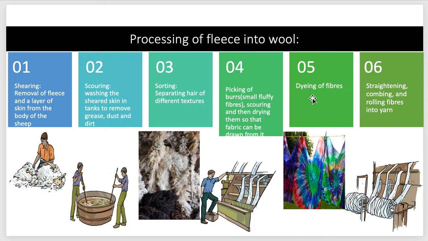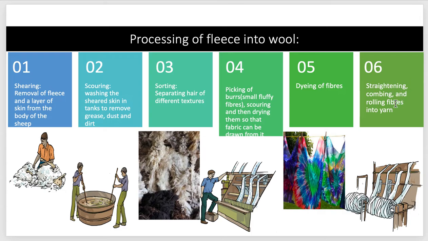You cannot have a pink colored sheep, correct? Because if there were a pink colored sheep, then it would give us pink wool, but that's not possible. So what people do is they paint these fabrics so that people like the colors, because not everyone likes black, brown and white.